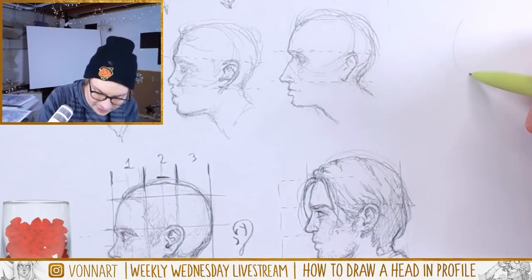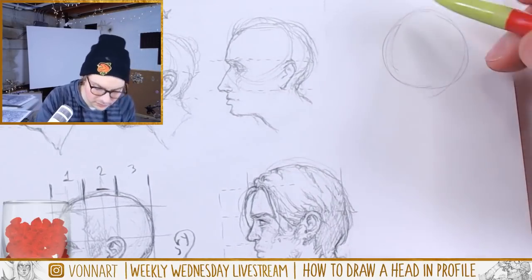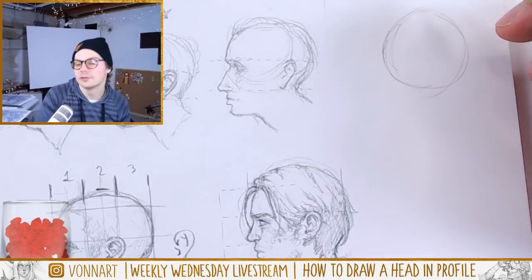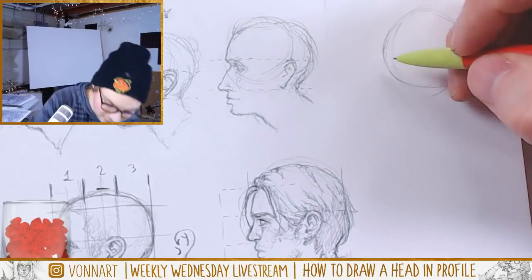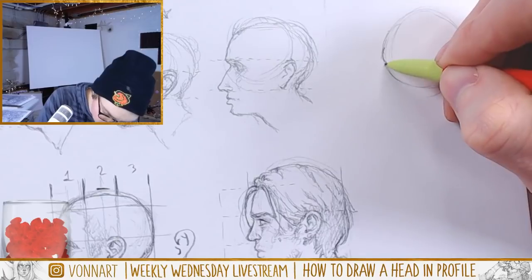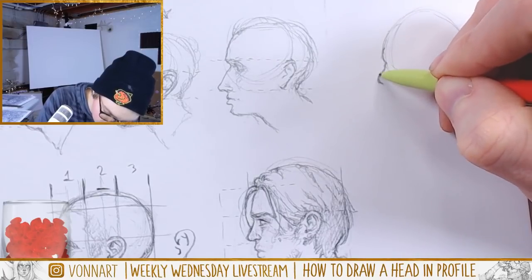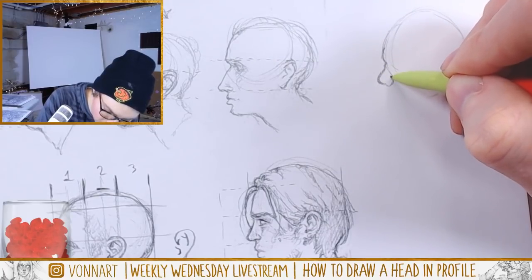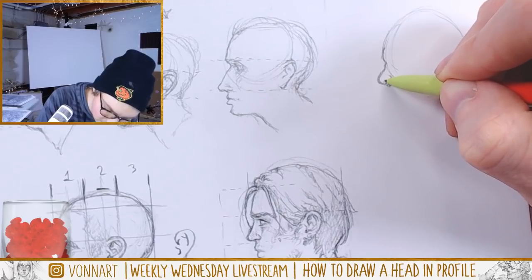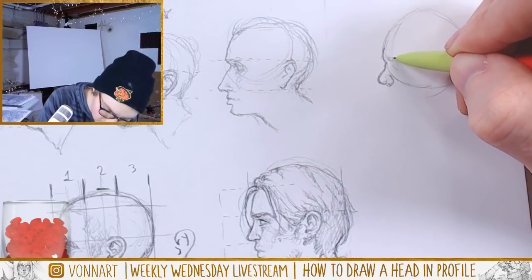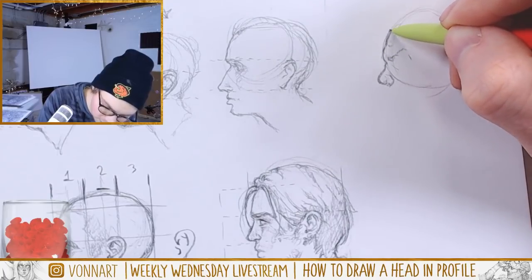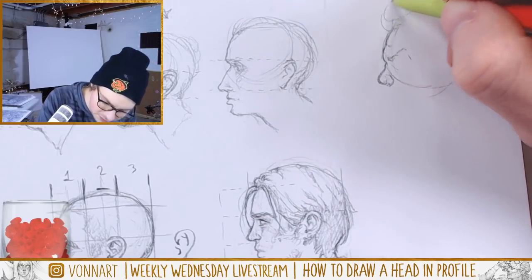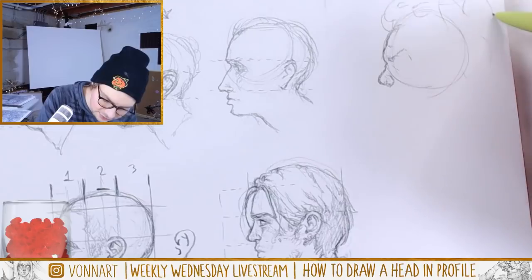So when you're looking at an older person, let's say, what's a good example? Let's say I'm drawing my character Grizzy, who's this older woman. I tend to give her a bit more of a bulbous nose for sure. I'll add more wrinkles on the forehead. She's got this crazy wild hair.